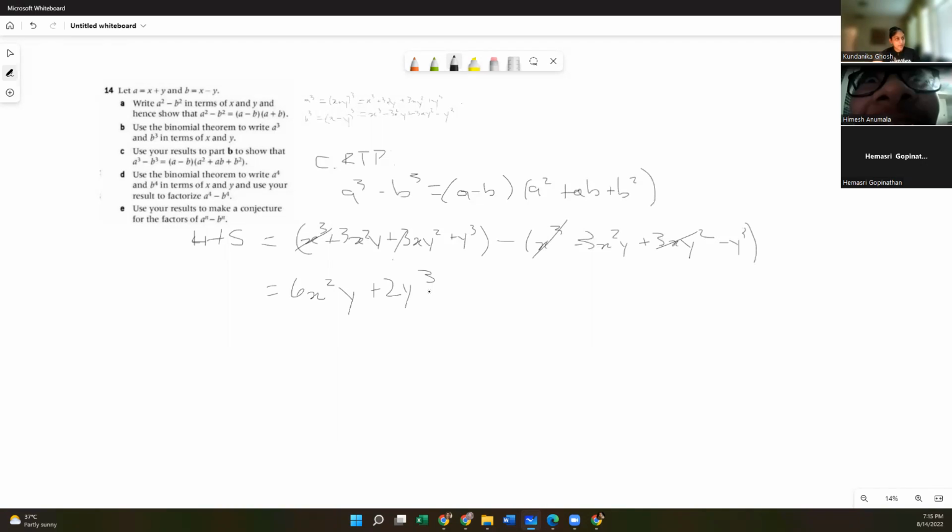Okay, and then your right-hand side equals a minus b, which we showed in the earlier problem.